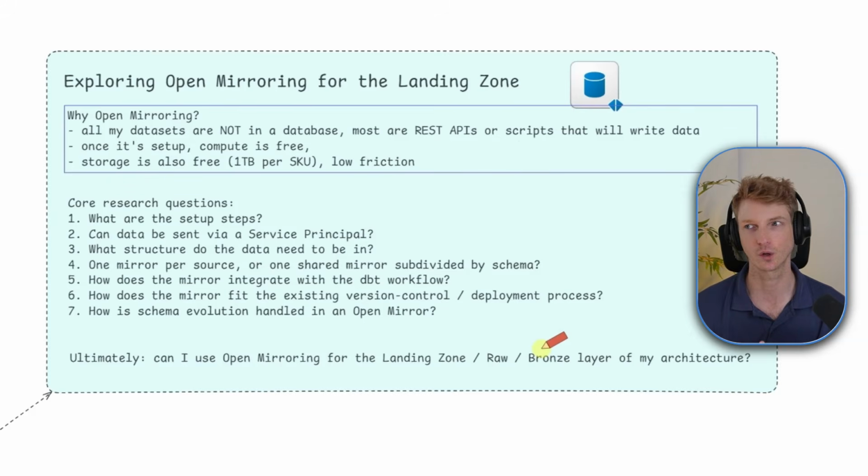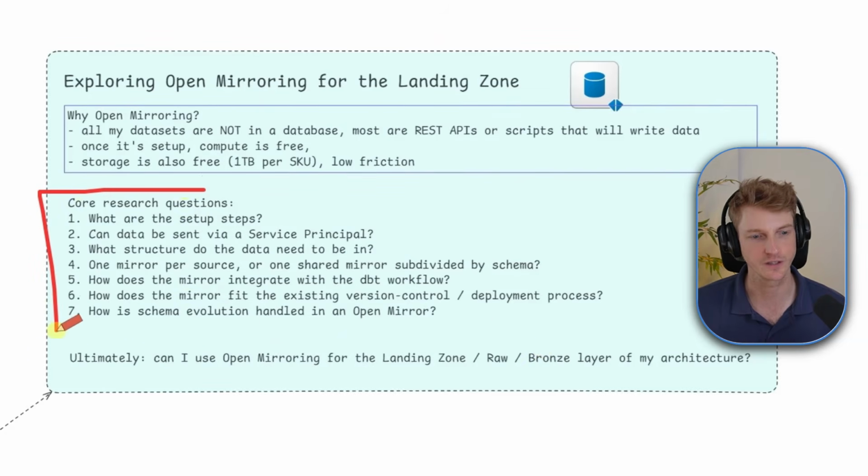So if I wanted to add new data sets into the landing zone, how would that work? If I wanted to update the schema for an existing data set in my open mirror, what would that look like as well? So these are all of the core research questions that I tackled throughout this stage.